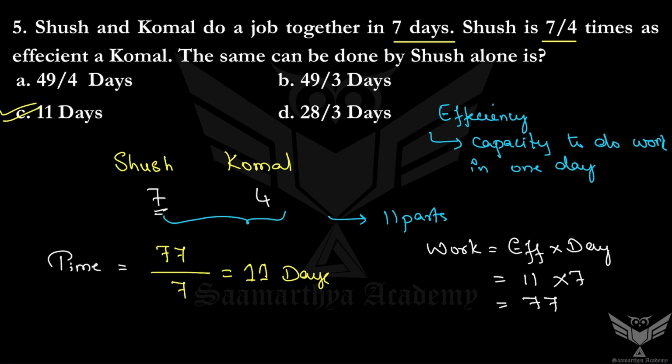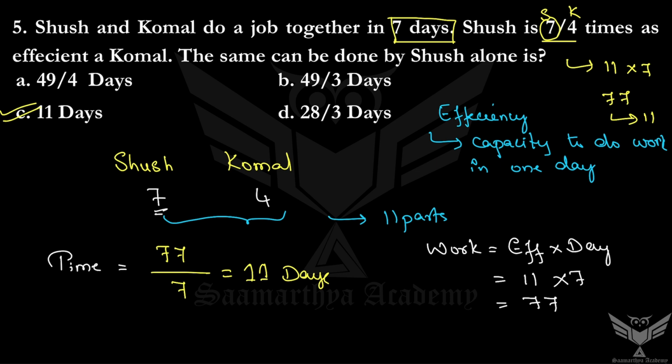That means Sush is having 7 parts of efficiency, Komal is having 4. So total will be 11 parts. Total time taken is 7 days. So 11 into 7 will give me 77 parts of work. But she can do 7 parts daily, to complete 77 parts of the work. 77 by 7 will give me 11. So that's my answer. So simple it is.